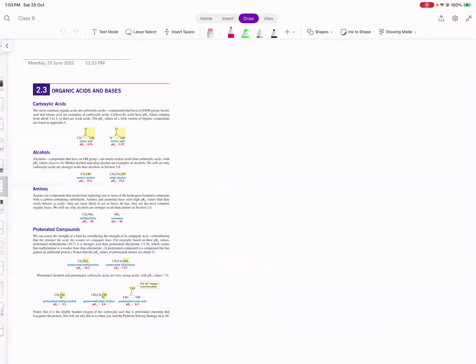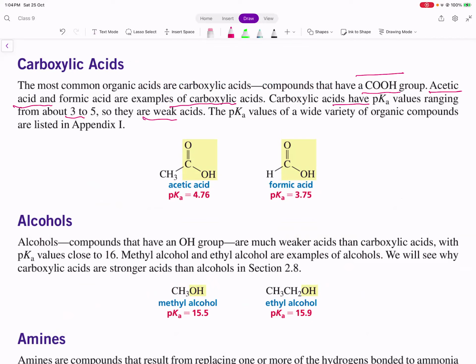Acetic acid and formic acid are examples of carboxylic acids. Carboxylic acids have pK values ranging from about 3 to 5, so they are weak acids. From appendix 1, we can find the pK values of many acids, but we just need these two, for example: acetic acid and formic acid.